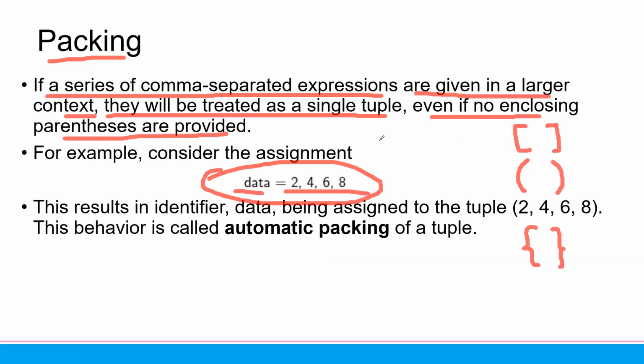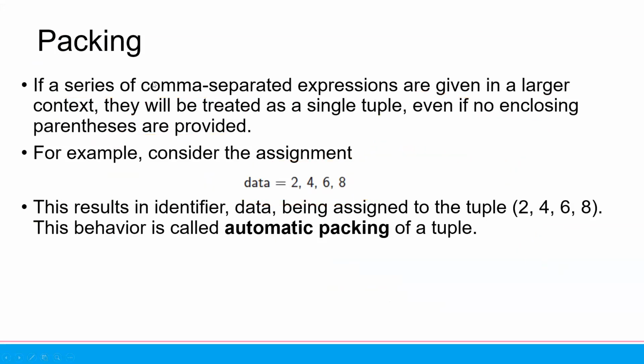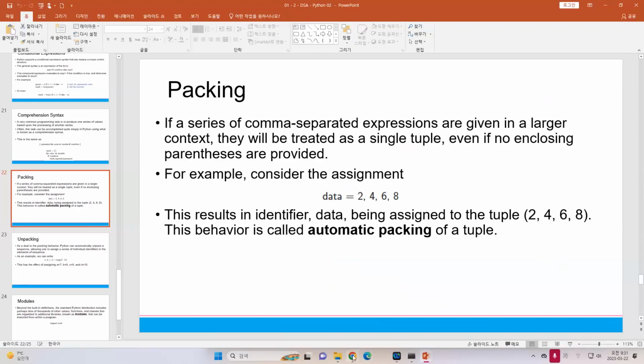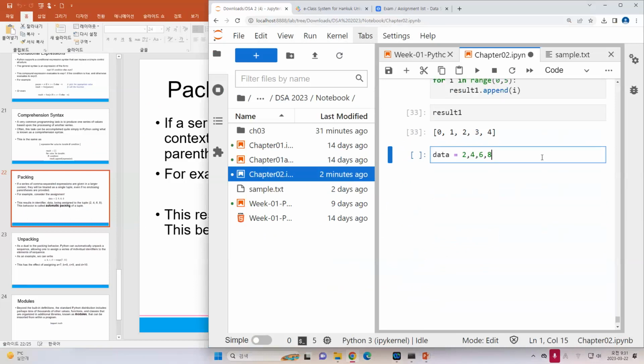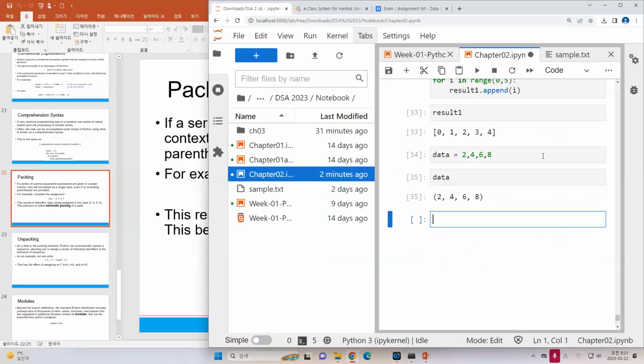So when we have this kind of information, it is for tuple. We call this automatic packing. I have data equals to 2, 4, 6, 8. Okay. Then when I put this data, it will be in the form of a tuple.